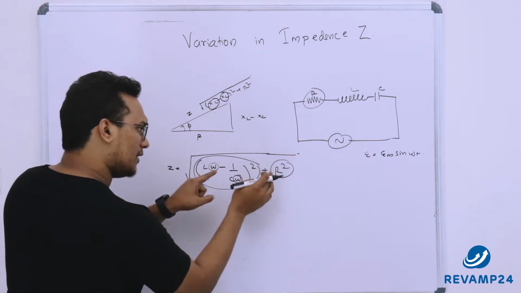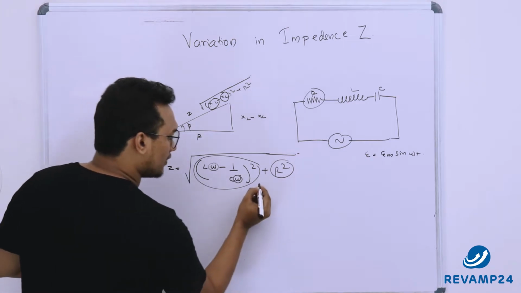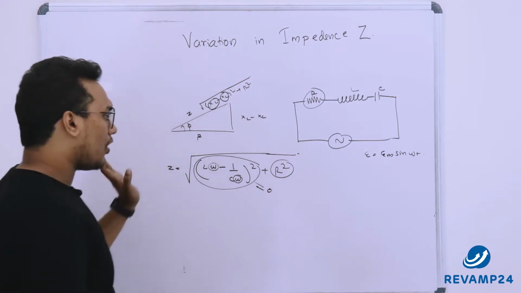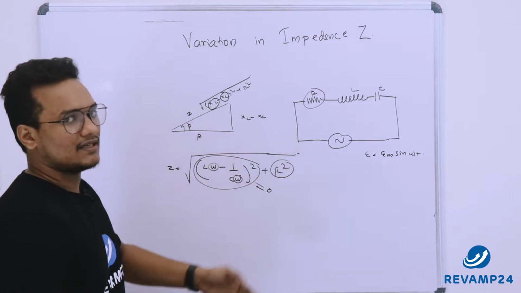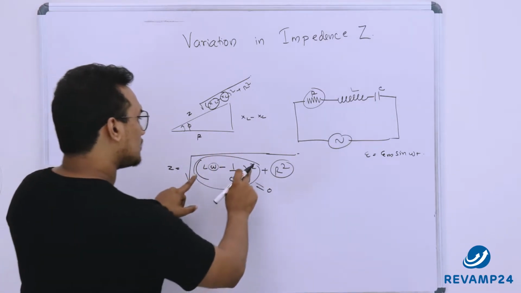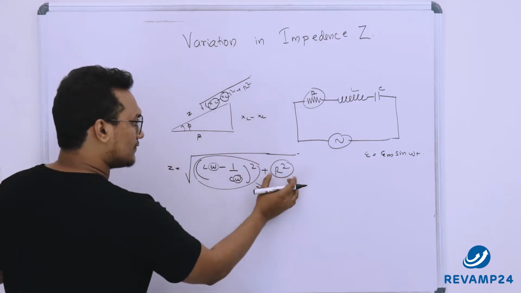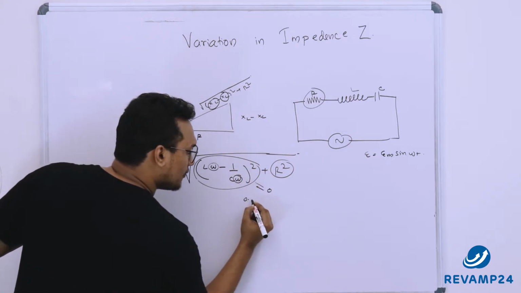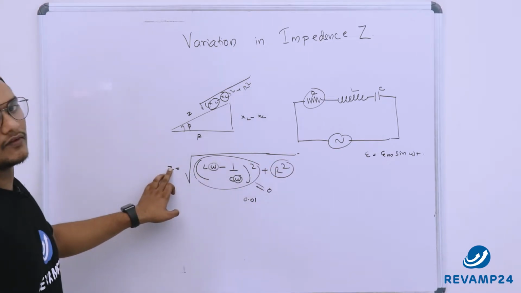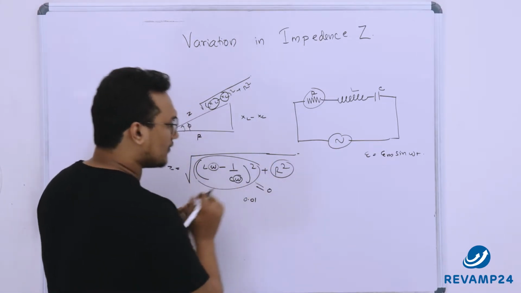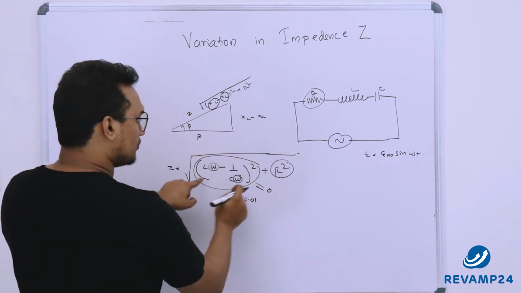Now the minimum value of this would be when this is equal to 0. In all other cases, whatever the value of XL minus XC, either positive or negative, the square will become positive. So if this is R square, even 0.1 additional to the R square will increase the total value of impedance. So to get the lowest value of impedance, this value should be 0.